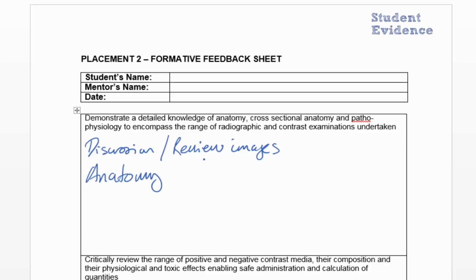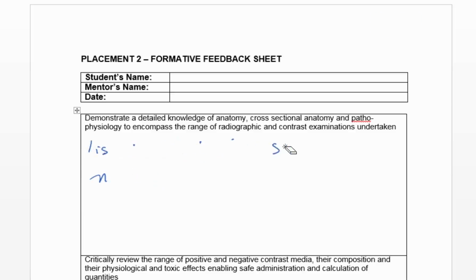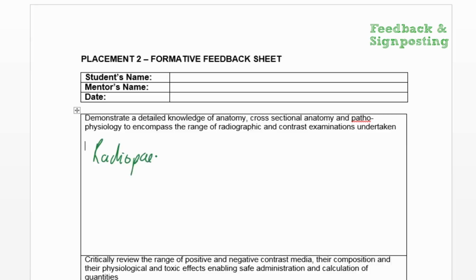Okay. Now then, some of the signposting that you might want to direct your students towards. Sites such as Radiopaedia can be quite useful, particularly there for pathology.